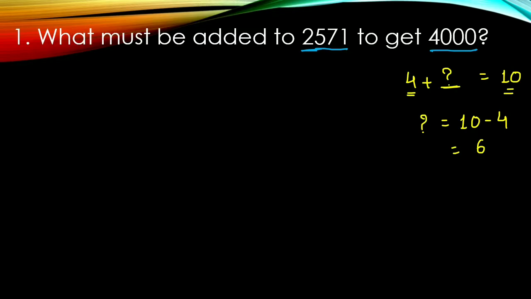Okay, so if any one of the addends is missing, we have to find it by subtracting the given number from the sum.